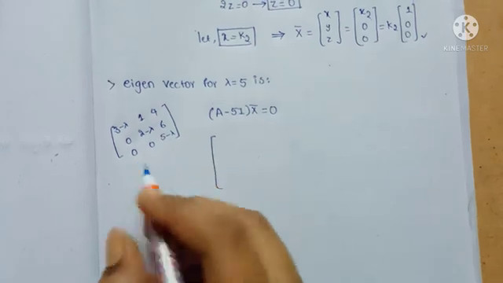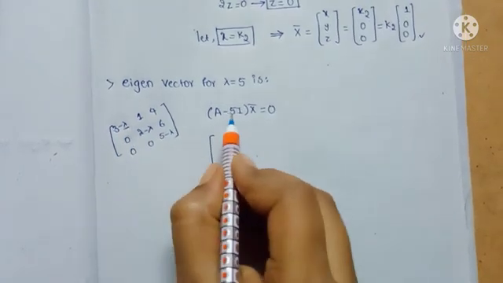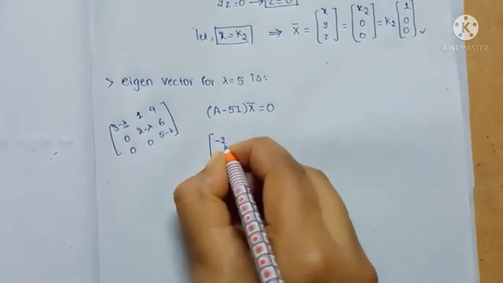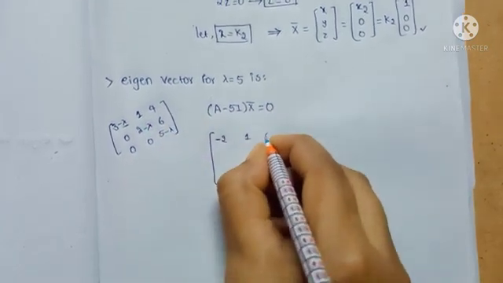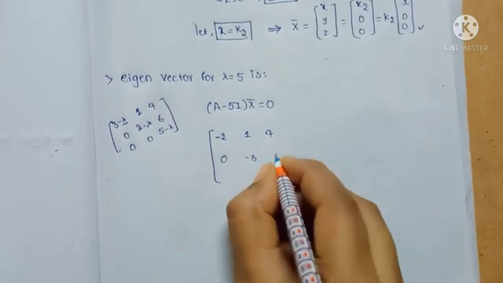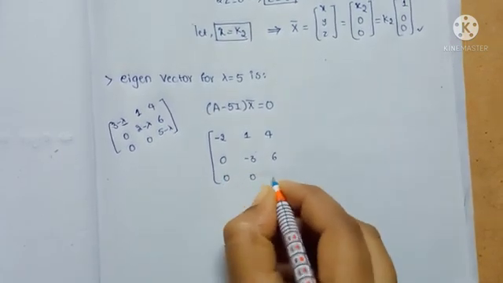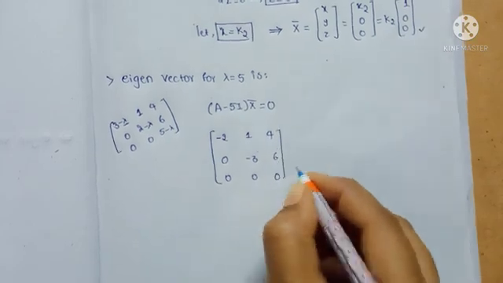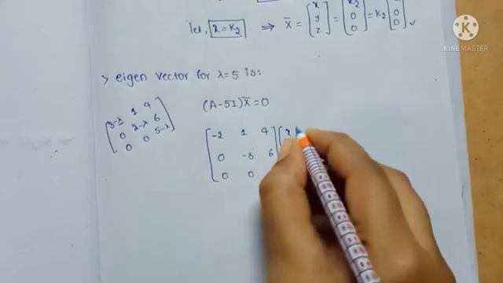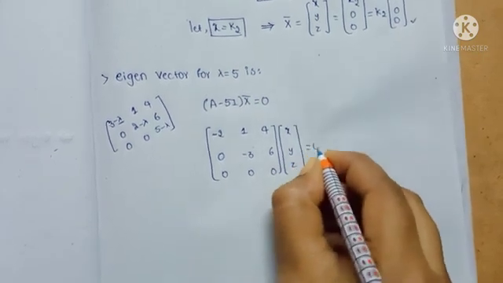Here in place of lambda we are substituting 5. 3 minus 5 we get minus 2, 1, 4, 0, 2 minus 5 gives minus 3, 6, 0, 0, 5 minus 5 is 0, and x bar is the x, y, z vector, which is equal to 0.